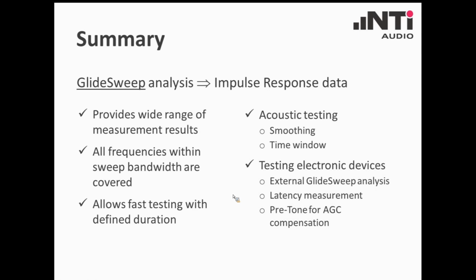We had the external glide sweep analysis, a very powerful tool for replay devices or very long transmission lines. We had the latency measurement, which I just showed you in my presentation. And if you have a device with automated gain control, you can apply a pre-tone for the compensation of this effect.